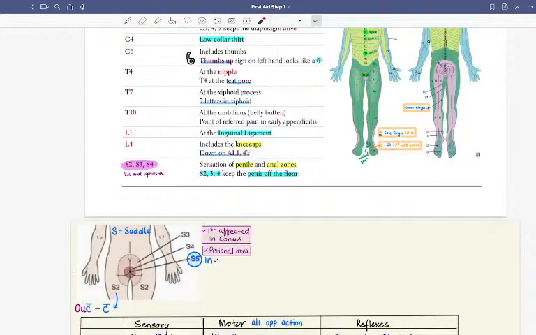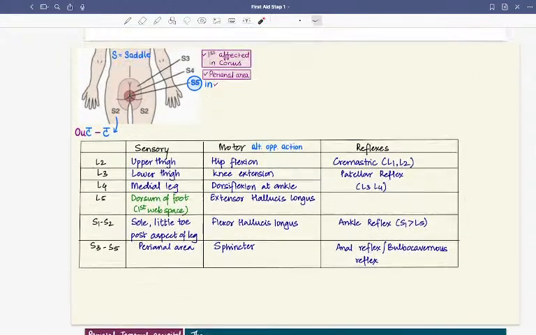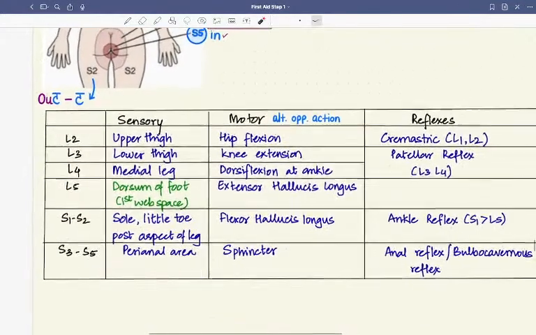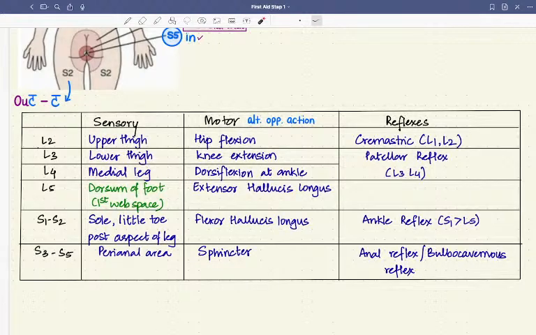Next is this table which ma'am had given. So let's see this quickly. Table: L2, L3, I told you thigh. That is knee extension.